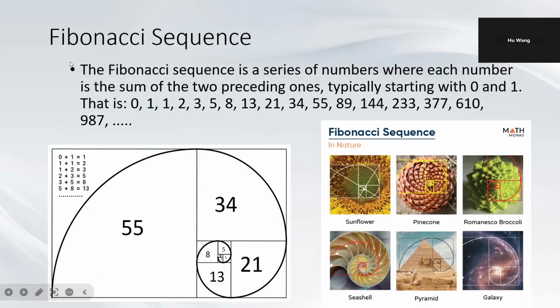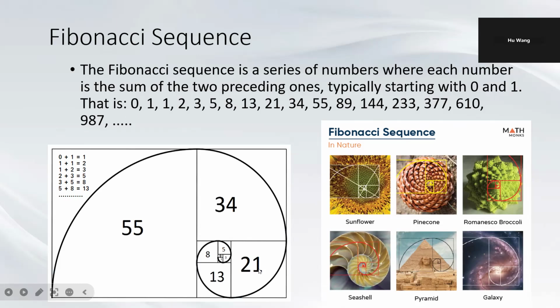Another example often shown in DP is the Fibonacci sequence. So let's imagine this sequence. The base cases are 0 and 1. We start with 0 and 1. And each number after is the summation of the prior two numbers. Like 2 is the summation of 1 plus 1, and 8 is the summation of 3 plus 5. And so on and so forth.